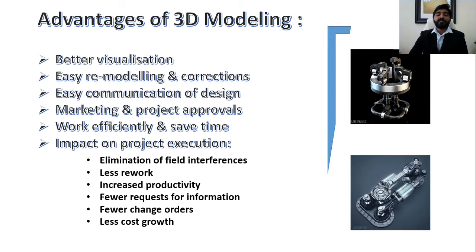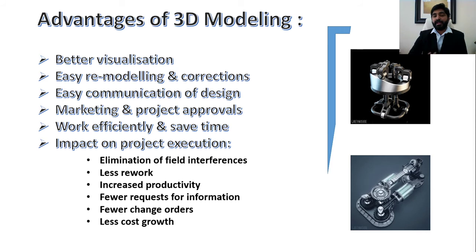The main factors are the huge demand that we have, the quick process in which the products are manufactured, and the quick design changes that we have. According to these criteria, we need a better and more efficient 3D modeling software, or CAD software. Here I have listed some advantages of 3D modeling.